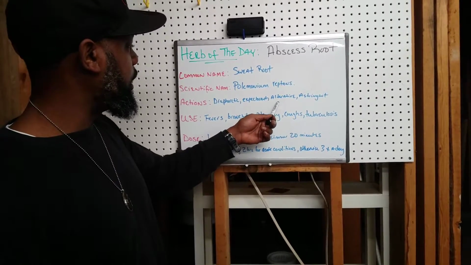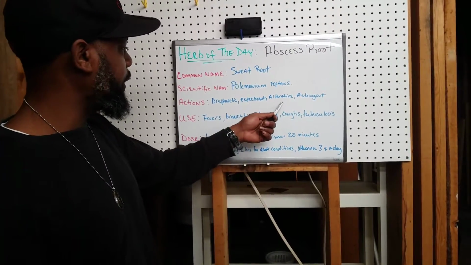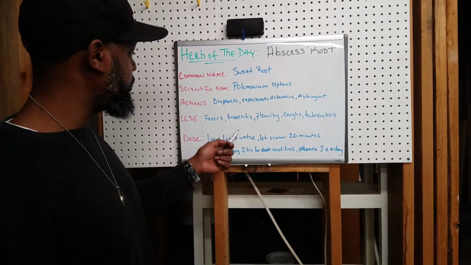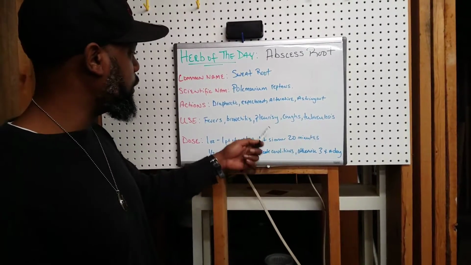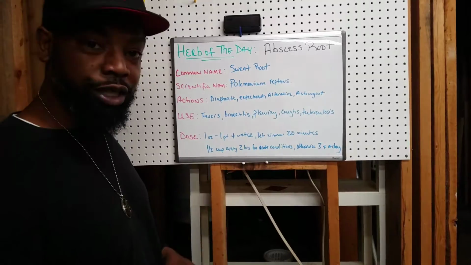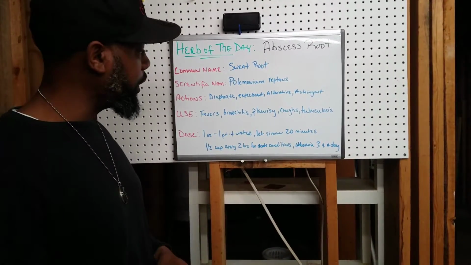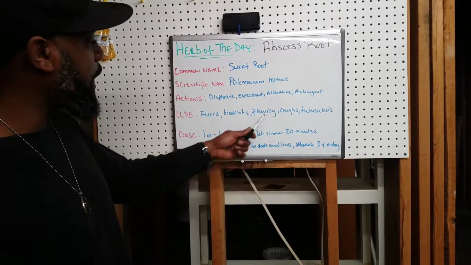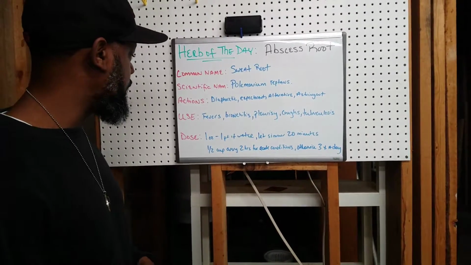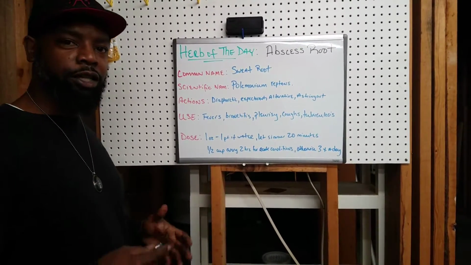It is an alterative, so we know it's good for inflammation. Again, something that'll be good for bronchitis, tuberculosis, pleurisy. It is also an astringent, something that will constrict, and that'll be good also for bronchitis, pleurisy, and tuberculosis, okay?